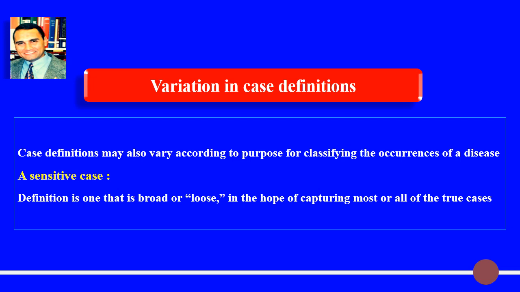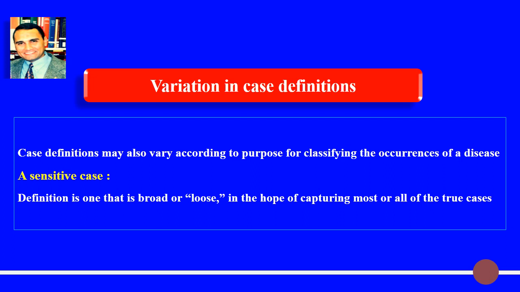The veterinary authorities or medical health authorities use what is called a sensitive case definition. A sensitive case definition is one that is broad or loose, in the hope of capturing most or all of the true cases.